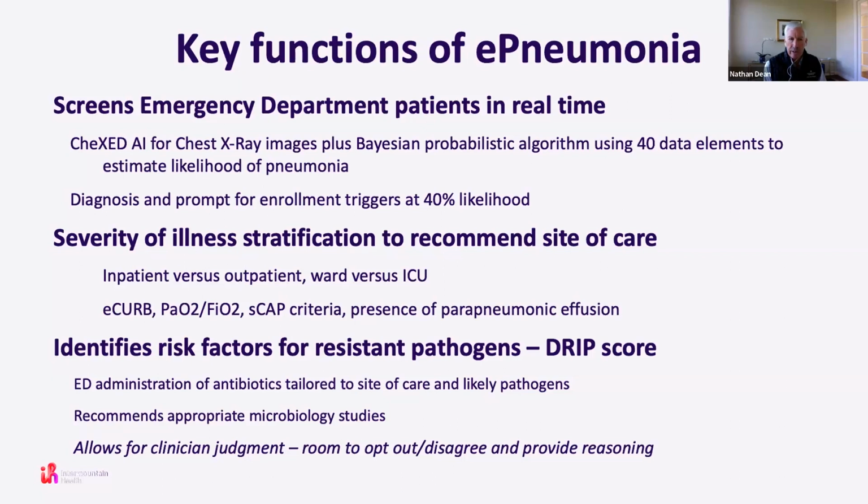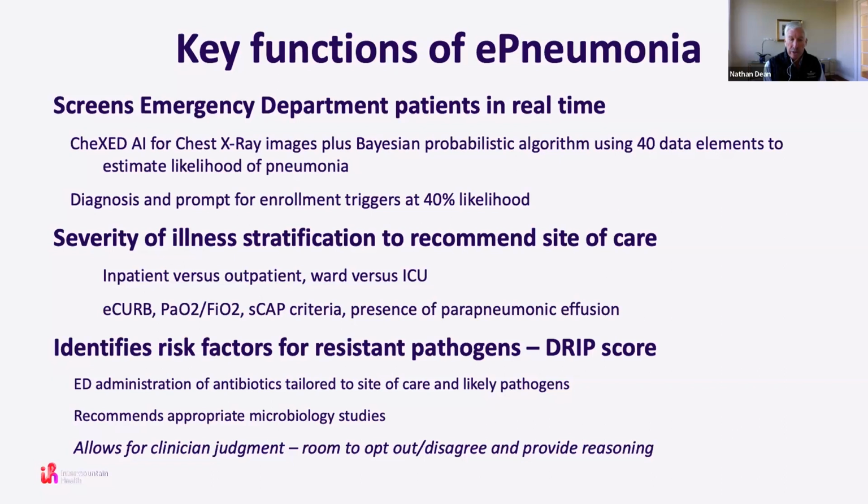It uses artificial intelligence to check X-ray images as soon as they're uploaded, plus a Bayesian probabilistic algorithm that uses 40 data elements to estimate the likelihood of pneumonia. Then on the electronic tracking board in the emergency department, once the diagnosis has reached a 40% likelihood, it prompts the bedside clinician to enroll in this decision support tool.